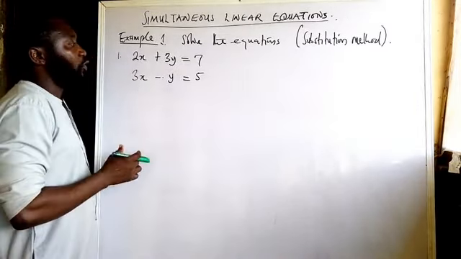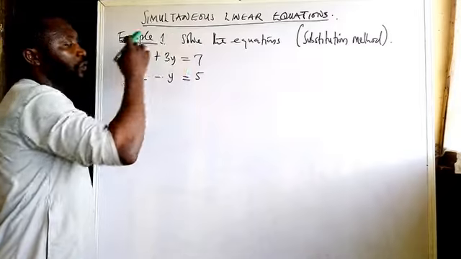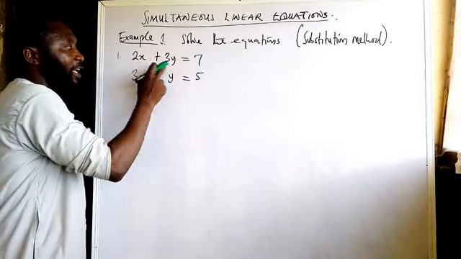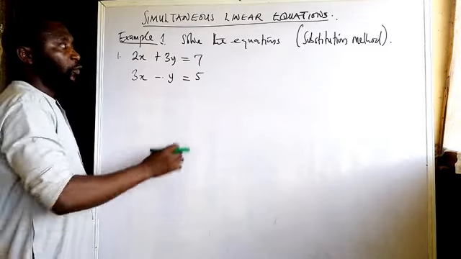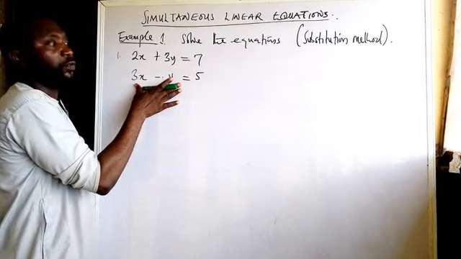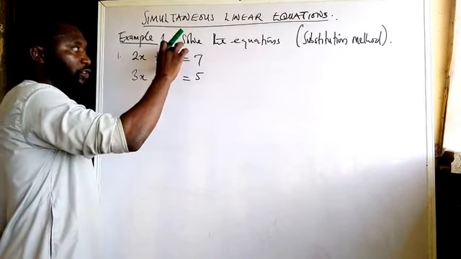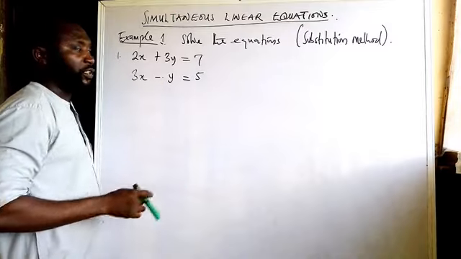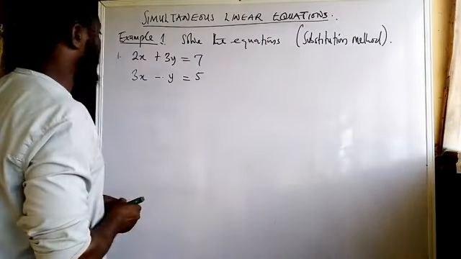For example, you may decide to rewrite equation 1, that is, you make either x or y subject. Once you make it subject, then you put your result into the second equation. You don't put your result into the same equation you changed. Now let's start this together.